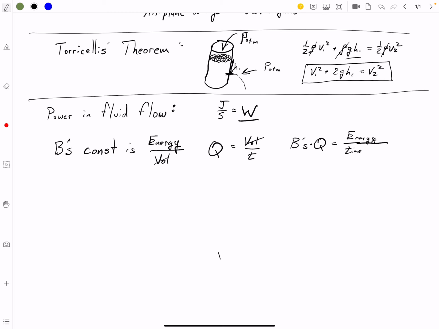And everything's incompressible. So Q is something that we can come up with. B, Bernoulli's constant, is something that we can come up with. And man, we're done. We're off to the races.